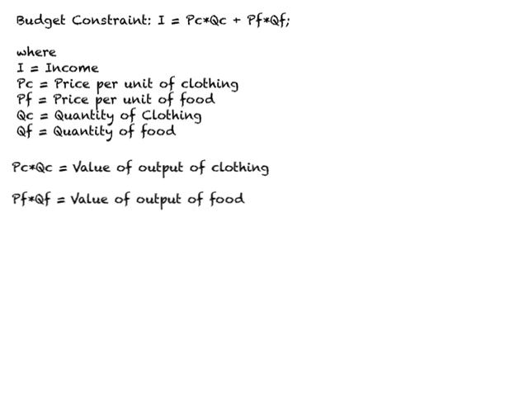So let us just quickly review what we learned about the budget constraint. Budget constraint is when income equals the total value of output, where I stands for income, PC is price per unit of clothing, PF is price per unit of food, QC is quantity of clothing produced.